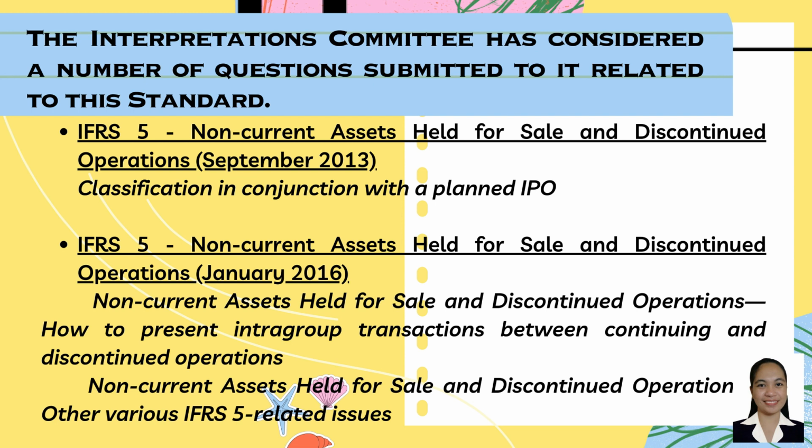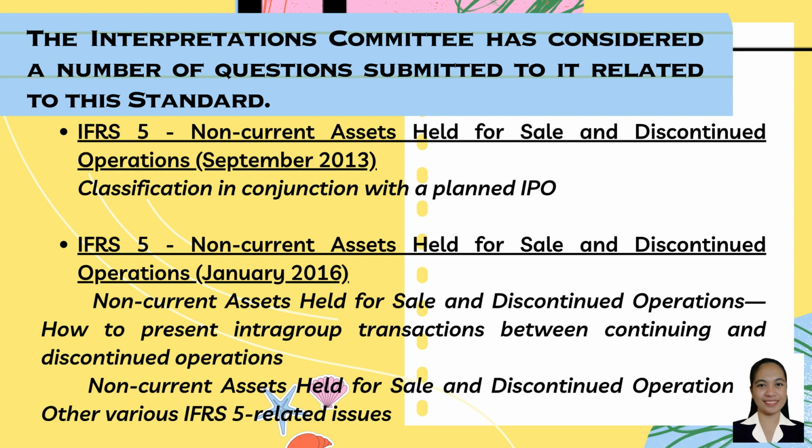So, the Interpretations Committee noted that paragraph 7 of IFRS 5 requires that the asset or disposal group must be available for immediate sale in its present condition, subject only to terms that are usual and customary for the sales of such assets, and its sale must be highly probable.